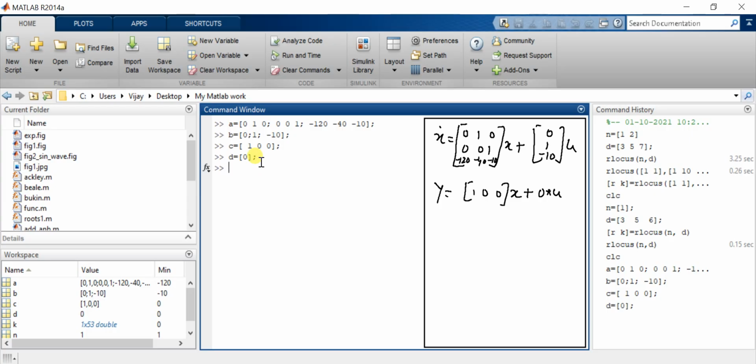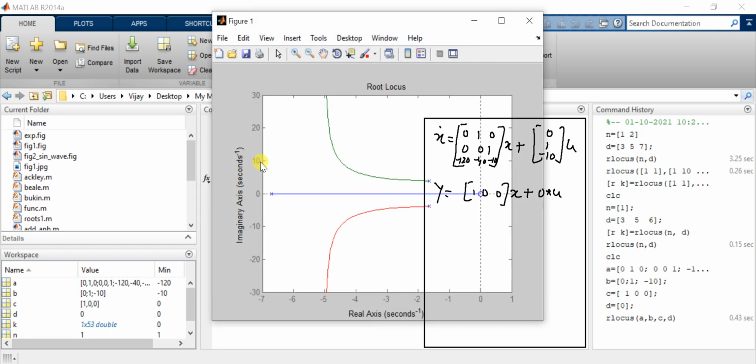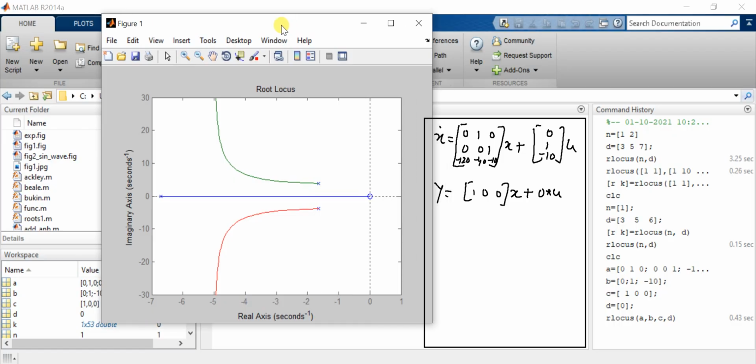Now you can draw its root locus plot by using the rlocus command and passing all these matrices of the system, A comma B comma C comma D. When you hit enter, this is the root locus plot of this particular system.